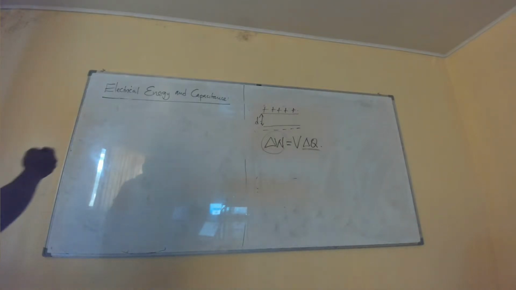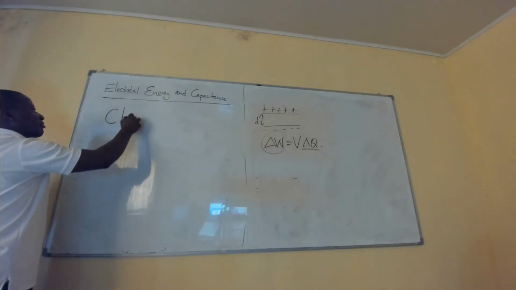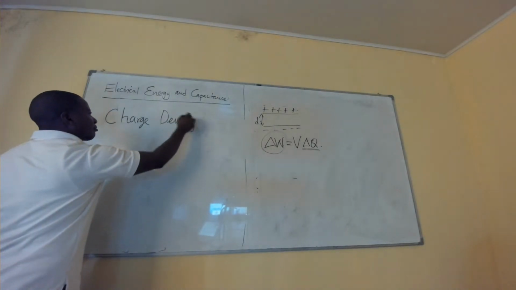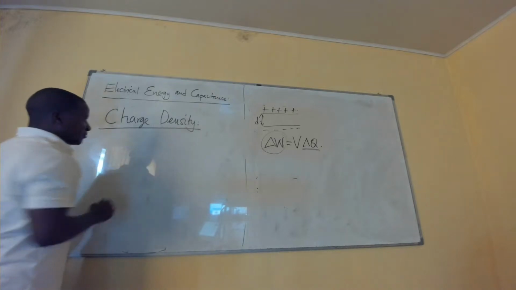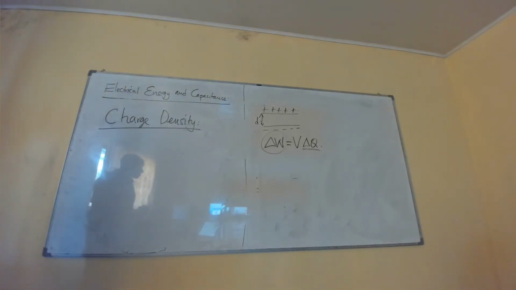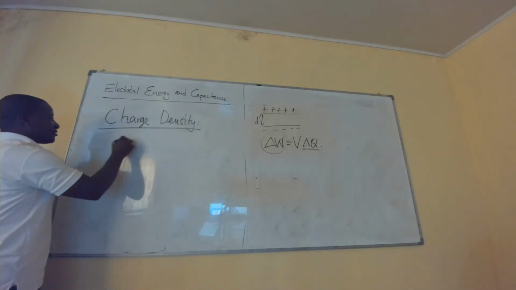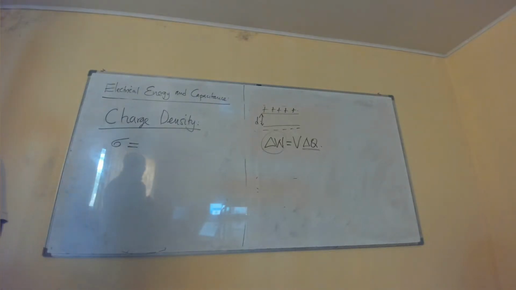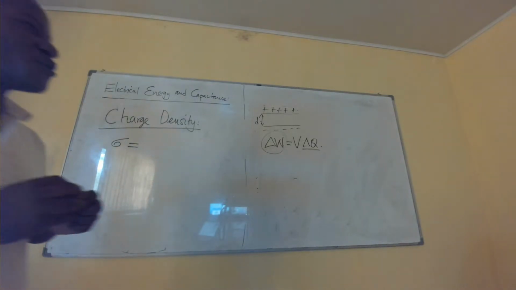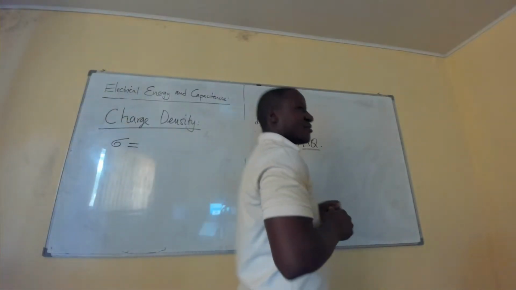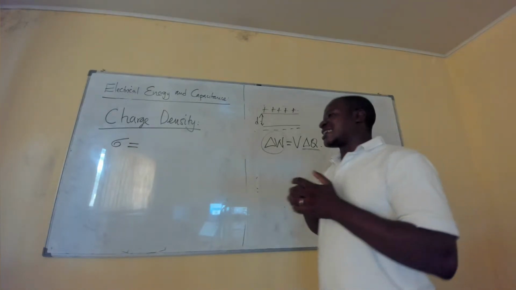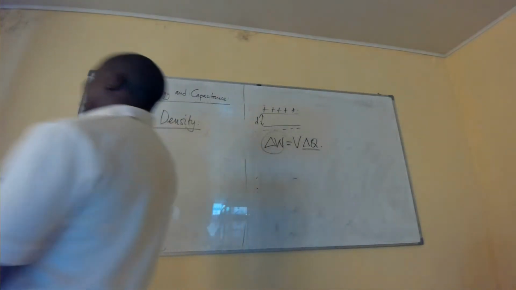So charge density, normally we abbreviate it as rho, is the amount of charge that is passing through a given area in a specified time. So we are saying the amount of charge per unit area is what is called charge density.